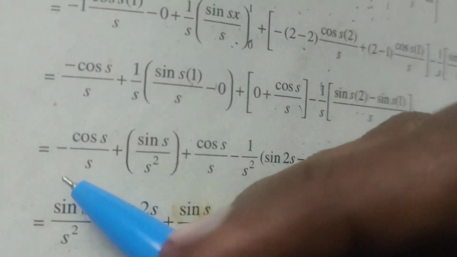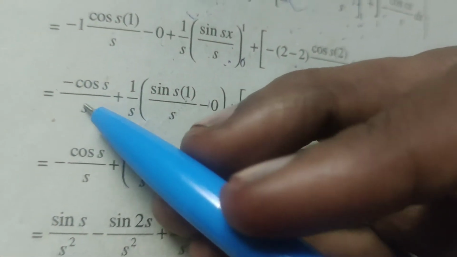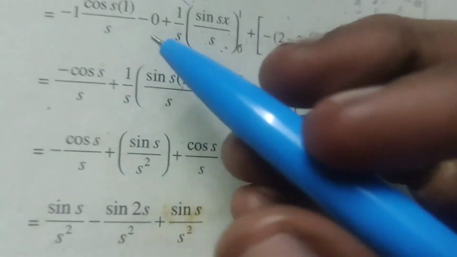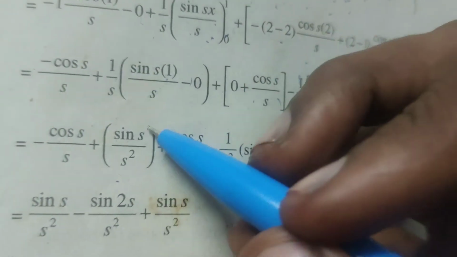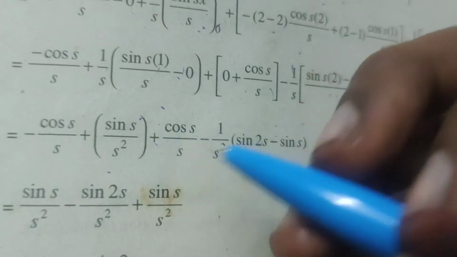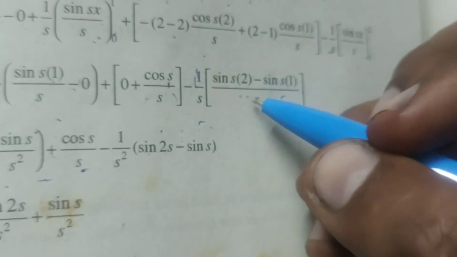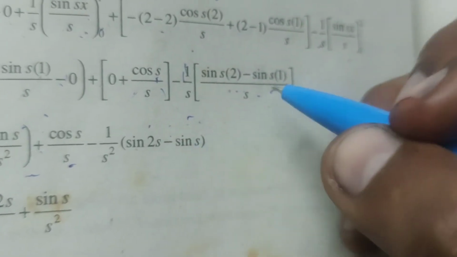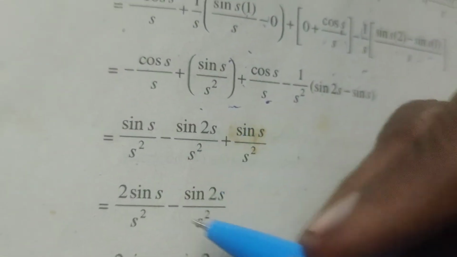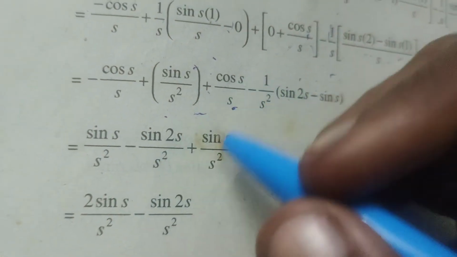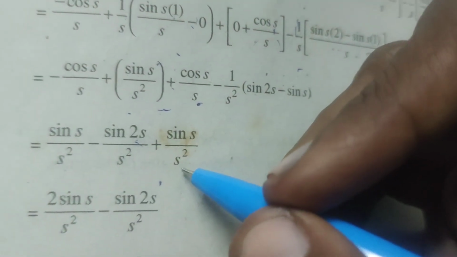After simplifying, we get minus cos s by s plus 1 by s square sin s plus cos s by s minus 1 by s square (sin 2s minus sin s), that is sin s by s square minus sin 2s by s square plus sin s by s square.